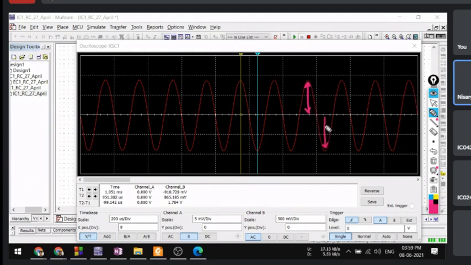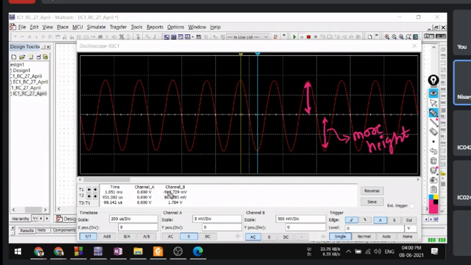So the negative cycle has slightly more height. So actually distortion has already started, right?